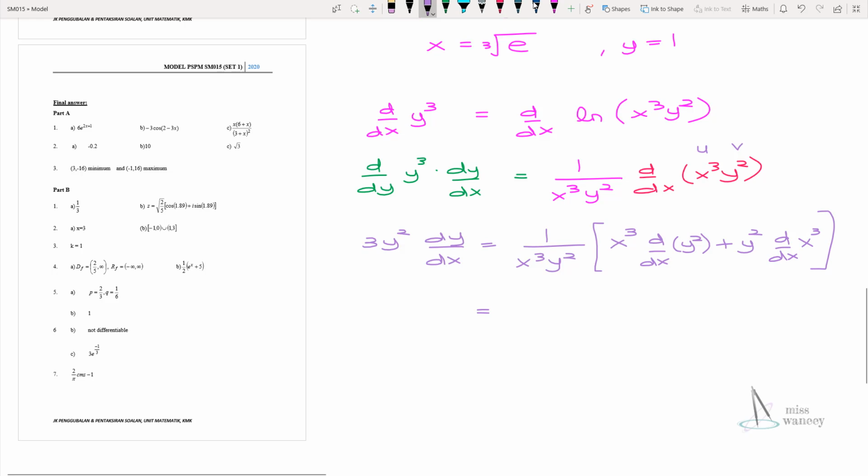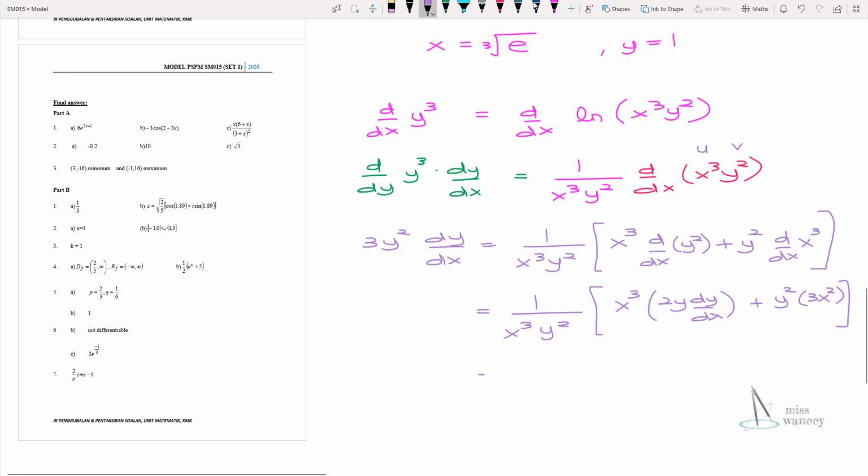Okay, so this is 1 over x cube y square times the derivative. This one we're going to use the chain rule for, so you will have 2y dy over dx plus y square times 3x square.